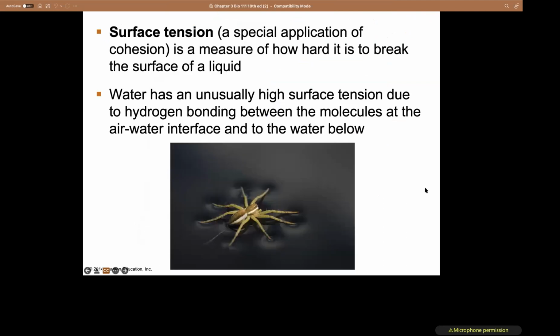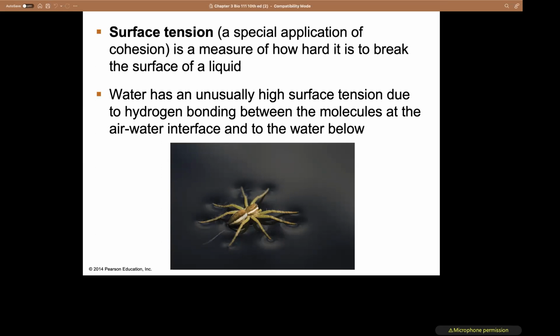So surface tension is going to be a special application of cohesion. It's a measure of how hard it is to break the surface of a liquid. So basically it's cohesion, but on the surface of the water where the air and the water meet, your hydrogen bonding is going to be greater and stronger on that surface.